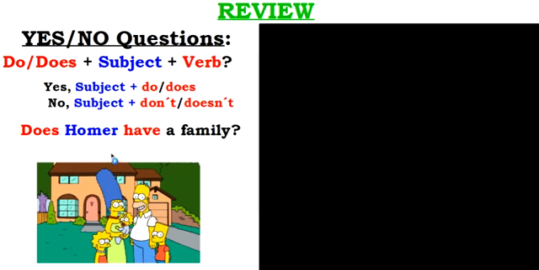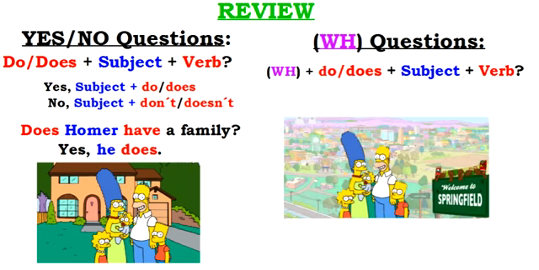And the answer, yes, he does. And for the WH question, remember, we use a WH question word, do and does for the auxiliary, the subject, and the verb. For example, where do they live? And of course the answer is they live in Springfield.